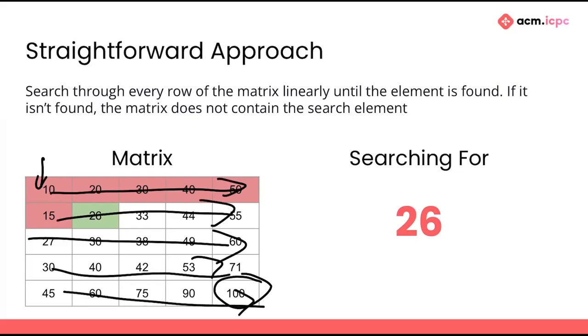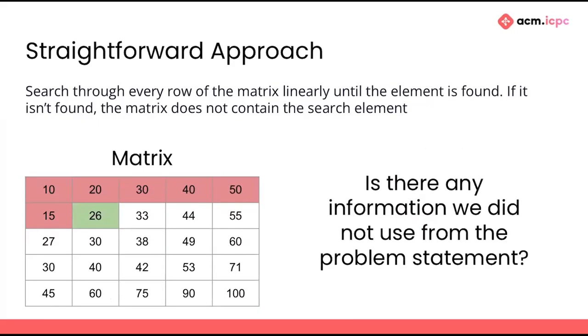Now, from this straightforward approach, it's probably apparent that that's not the intended solution, right? It's likely that there's something cleaner involved. And the way that we can figure this out is by asking ourselves the question, is there any information we did not use from the problem statement?